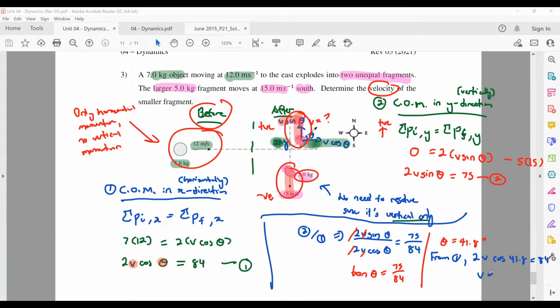V is therefore 84 divided by 2 divided by cos 41.8. I will get 56.